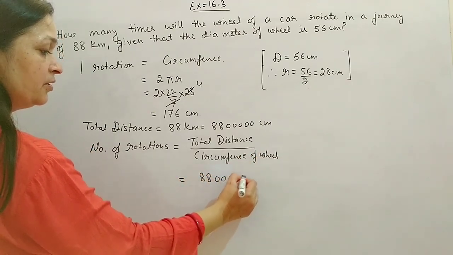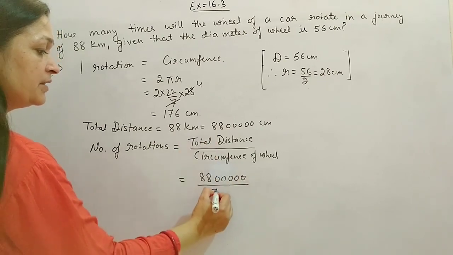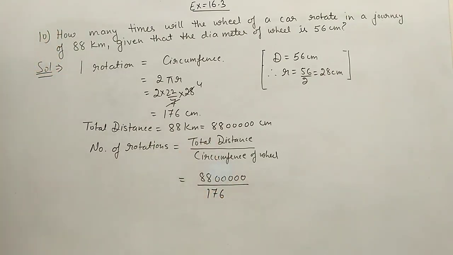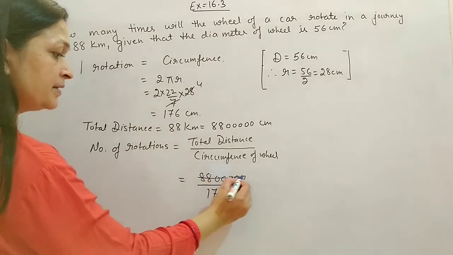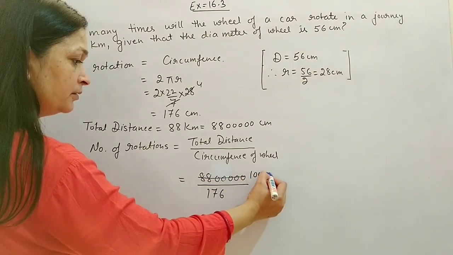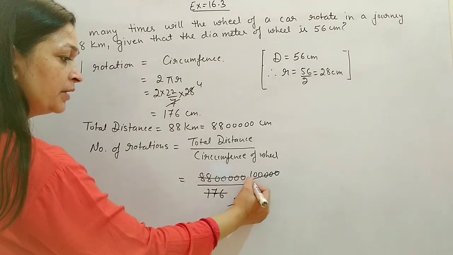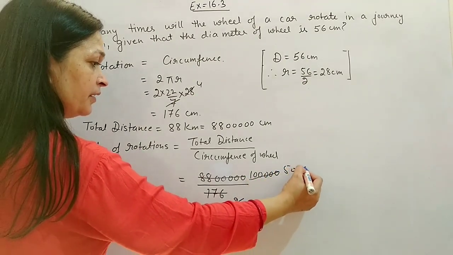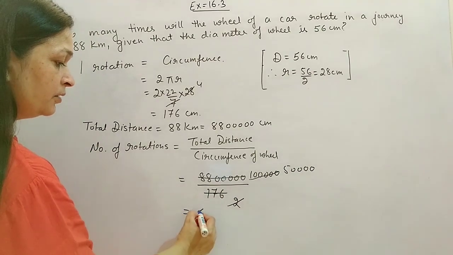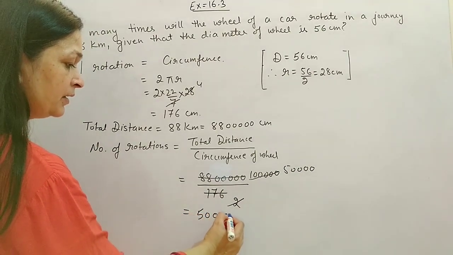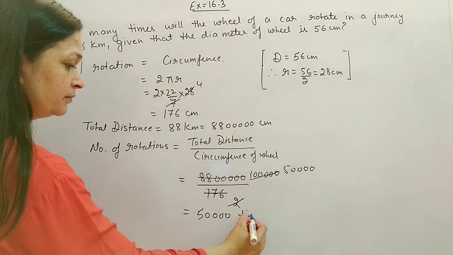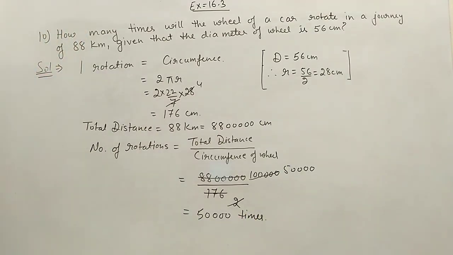After that 5 zeros are there, and the circumference is 176. By the 88 table you can cancel 88, and then here 2 times. Then again with 2 you can cancel. After 5, 4 zeros. So 50,000 times it will rotate. You can use a small table also. You can use the 4 table or 8 table for cancellation here.